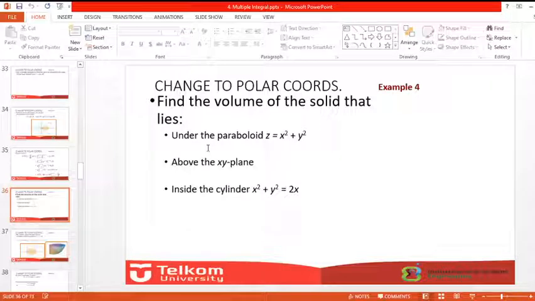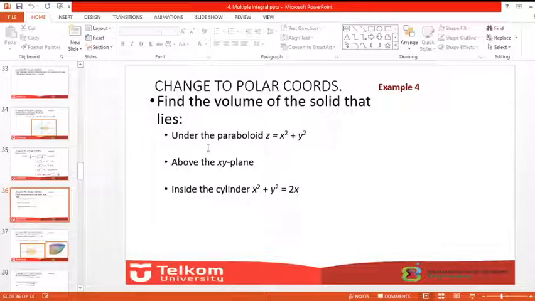Okay, so after that we got the double integral of x square plus y square dx dy. Since x square plus y square is equal to r square, we can change to r square times r dr d theta.